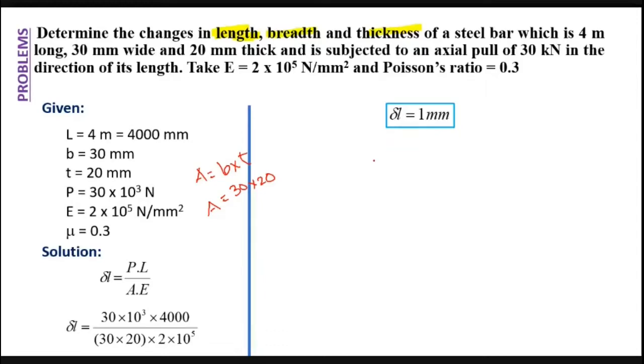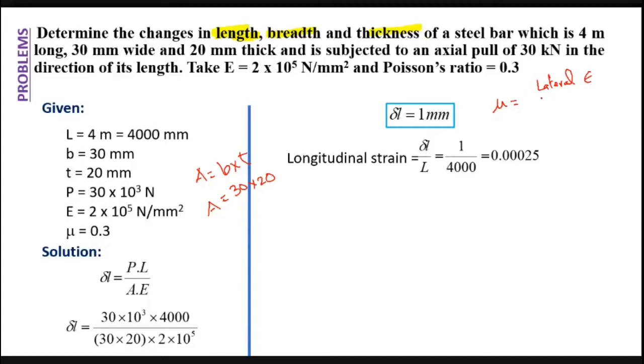Now we are going to identify what is our breadth and thickness using this Poisson's ratio. Okay. So what is the formula for Poisson's ratio? Poisson's ratio is lateral strain, I will put the symbol epsilon, divided by longitudinal strain, right?